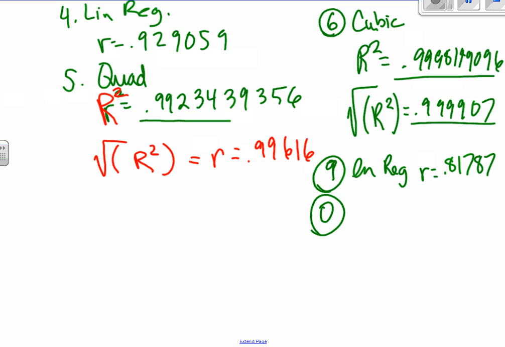Now try 0, the EXP regression. And am I right in thinking that's what we think is going to be good, right? And Madison, what is that? That R is 1. So actually, is that as good as it gets? Right? But just to practice, I will have you do the PWR, the power regression.